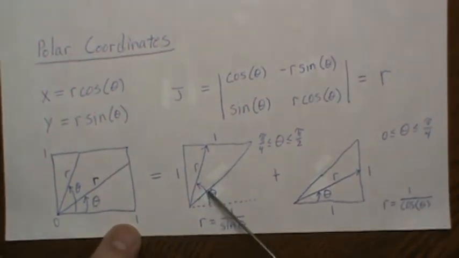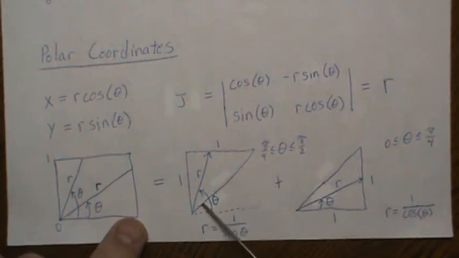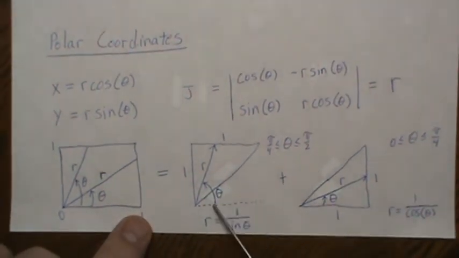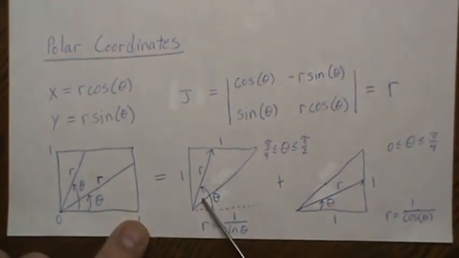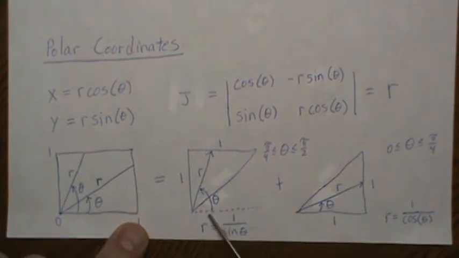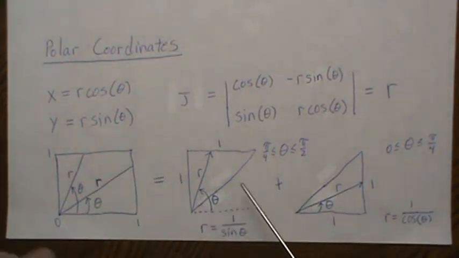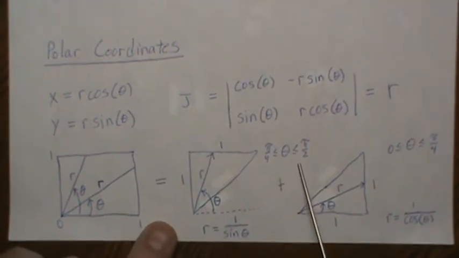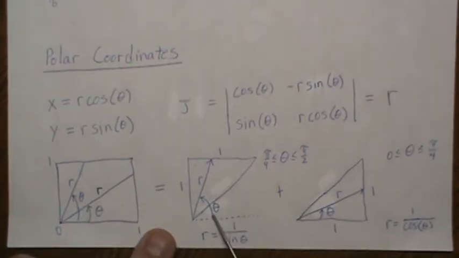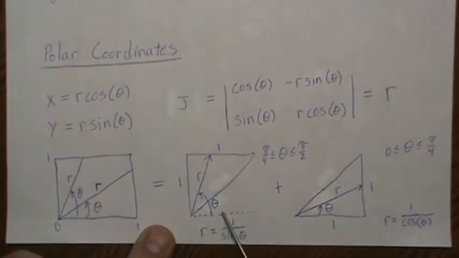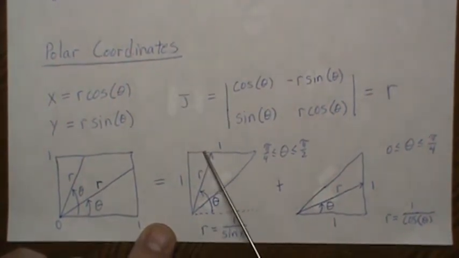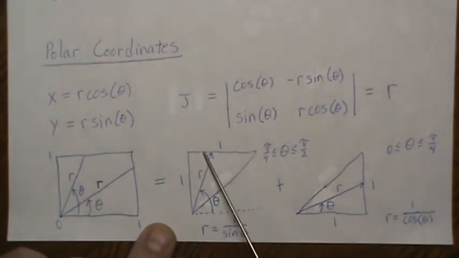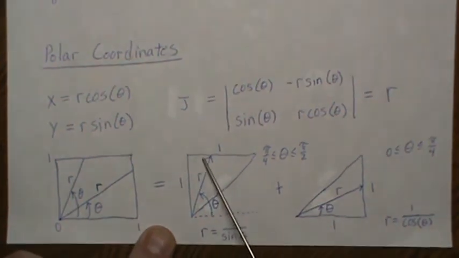Now here, in this piece, it's a little different, okay? This angle here, if we generically call it theta, but we're between pi over 4 and pi over 2. It cuts, so this theta is actually this piece.